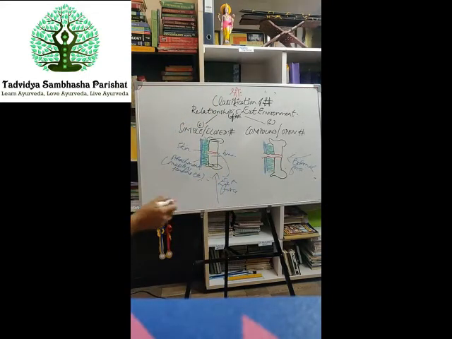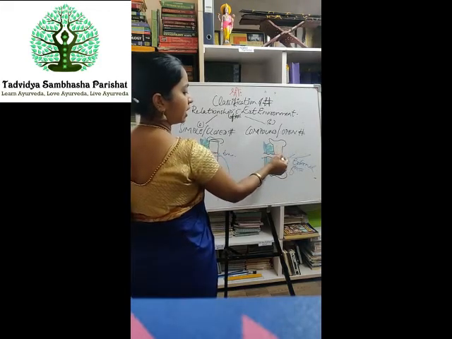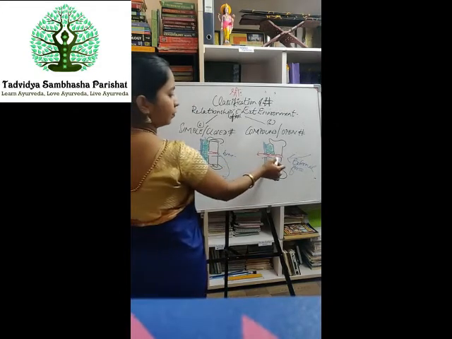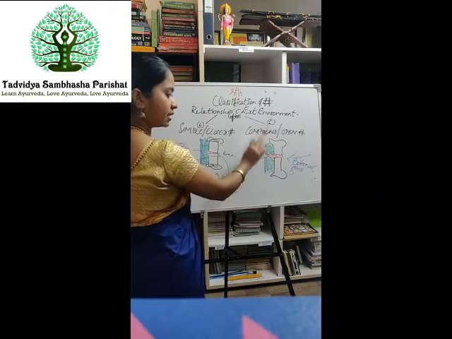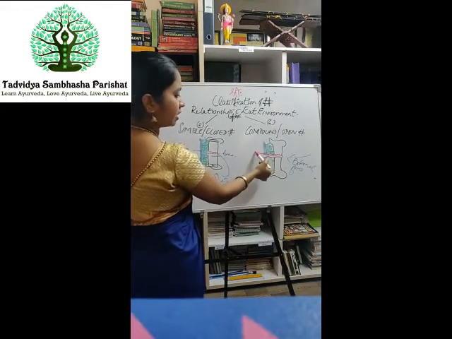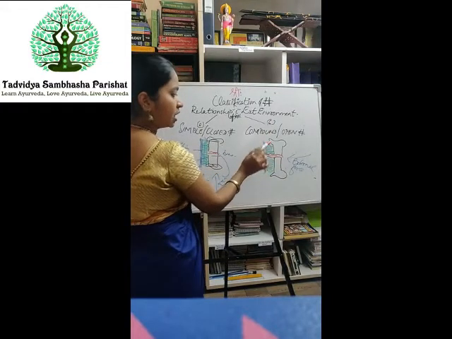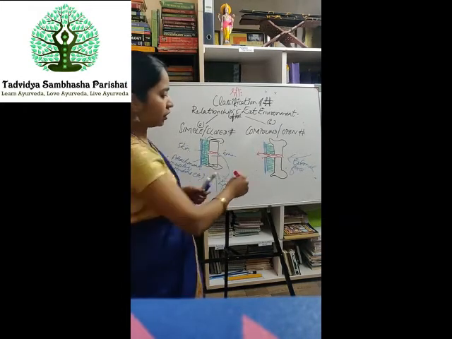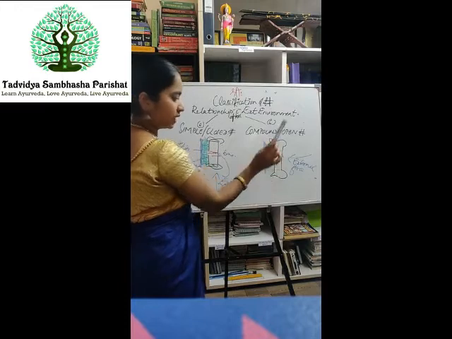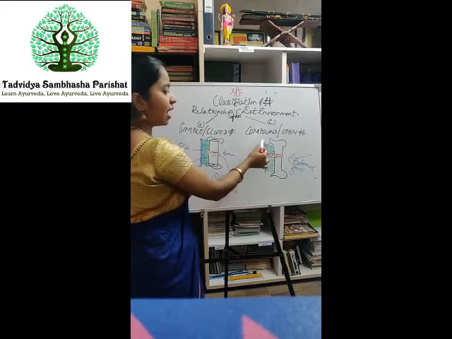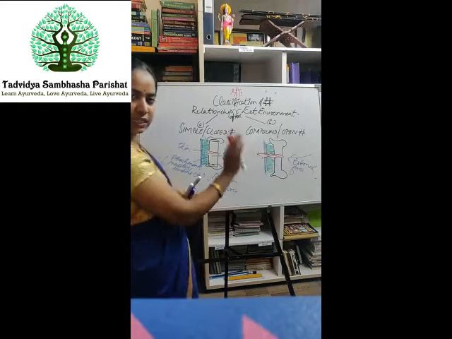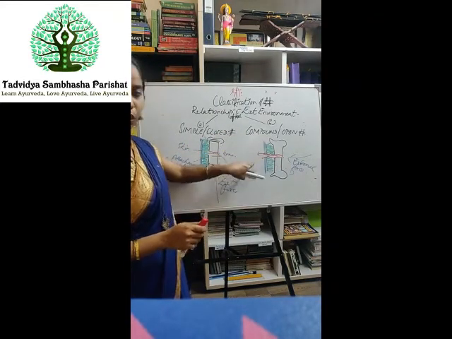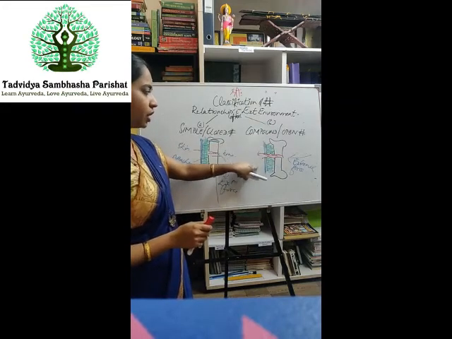The fracture is in contact with the external environment. Such a fracture is called a compound fracture, wherein you have a discontinuity not just in the bone tissue, but also in the muscle layer and the skin, such that the fracture is communicating with the external environment. So this is called a compound fracture or open fracture.